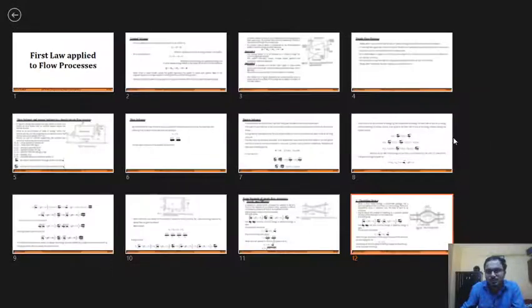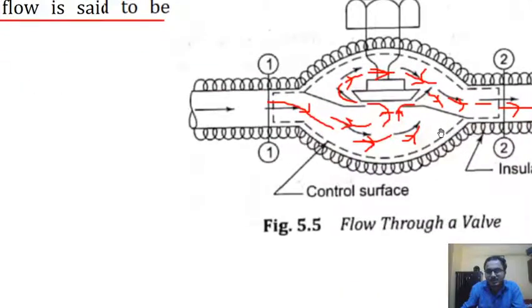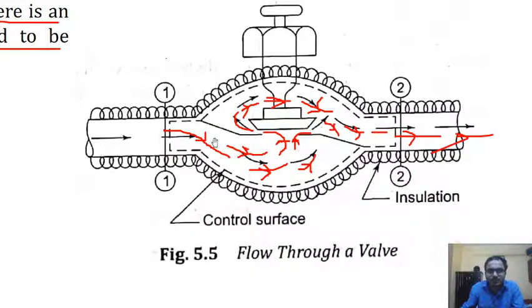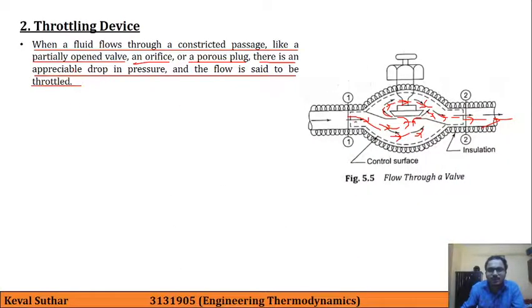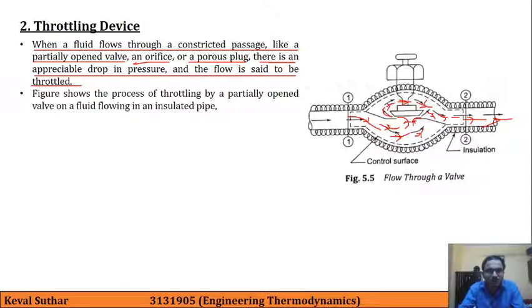Now you can see that the flow is very complicated over here, and because of this there will be an appreciable drop in the pressure and the flow is said to be throttled. Now the figure shows the process of throttling by a partially opened valve on a fluid flowing in an insulated pipe.